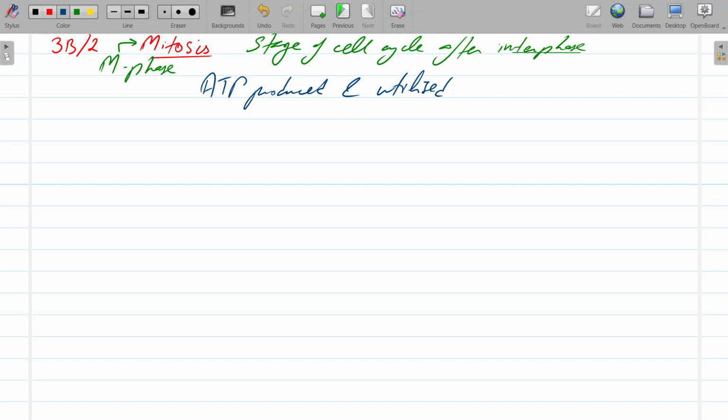And so there are 4 stages of mitosis. We're starting with what is called prophase. That's one word.